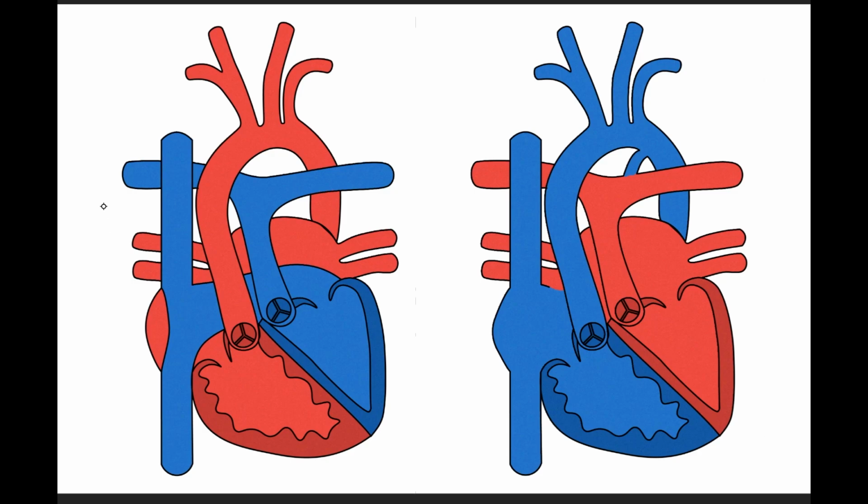So, blue blood comes back, but instead of going all the way to the right side, it's actually baffled through these pant legs. You can think of them kind of like a tube, all the way to the left ventricle. This left ventricle is still connected to the pulmonary artery, which then pumps it to the lungs, and the blood picks up oxygen, turns red, comes back through the vein, and back to the right side of the heart, which then pumps it against the aorta.